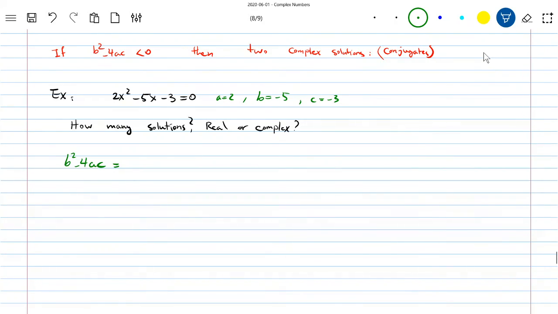So you would get -5 squared, which is 25, minus 4 times 2 times -3. If you add these numbers together, what you get is a positive number.